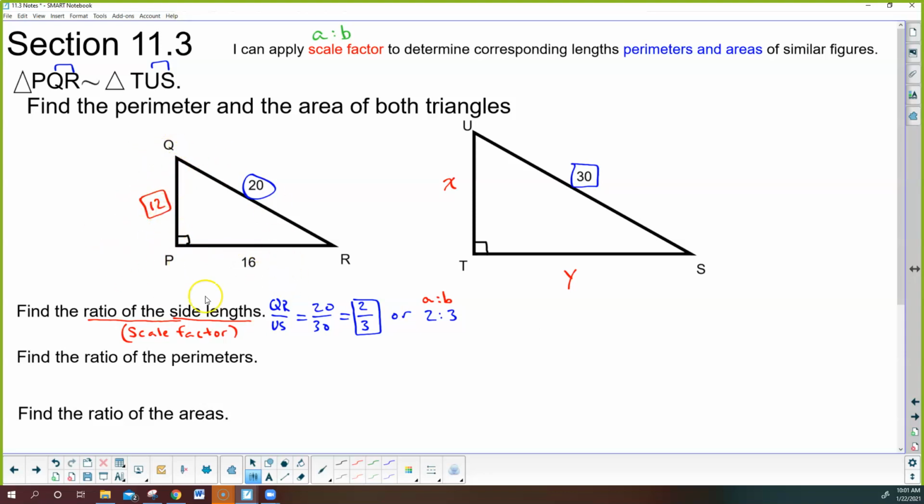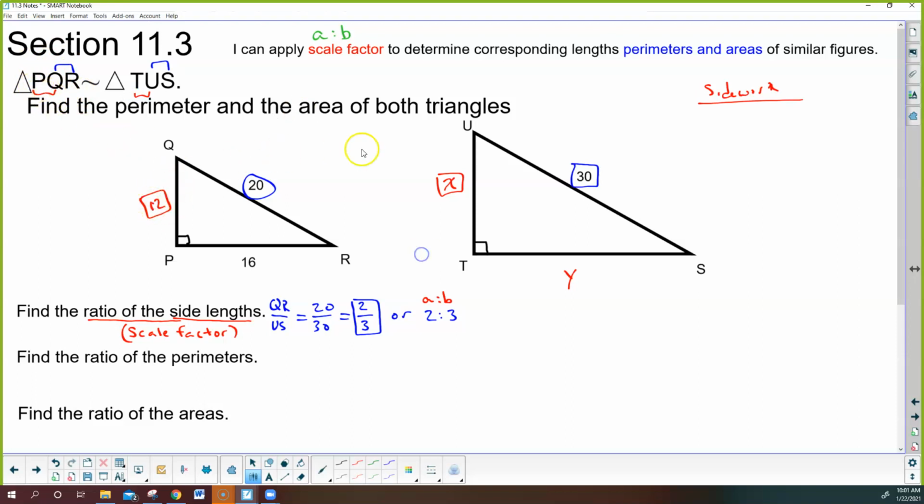So now I know all the sides of the smaller triangle, but I can't find the X and Y unless I do some of that work from similar triangles. So that's what I'm going to do over here. I'm going to think of this as side work. So I want to find X. Well, let's look. UT matches with PR, but I started with QP.